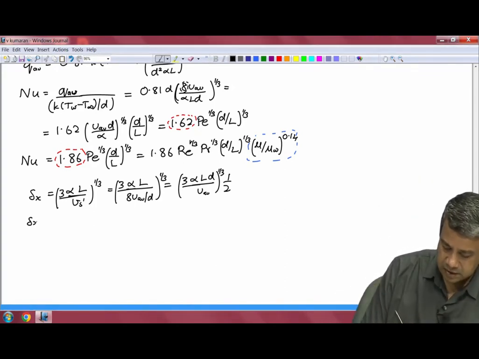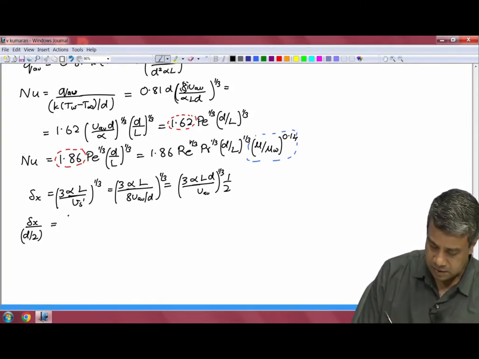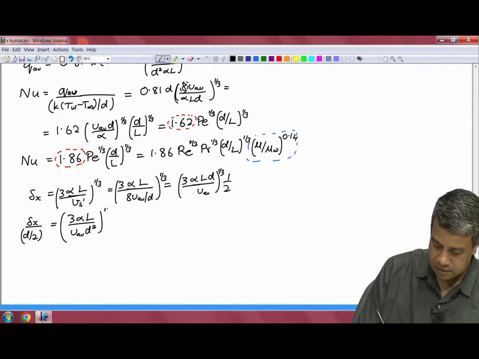The ratio delta x by d by 2, the boundary layer thickness and the radius, is equal to 3 alpha L by V average d square, whole power 1/3.